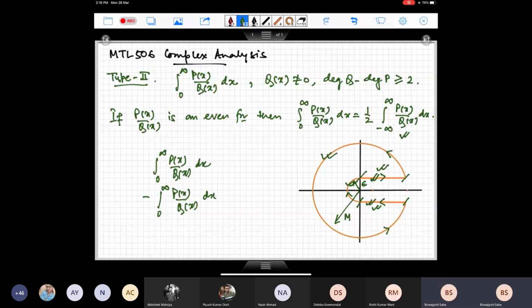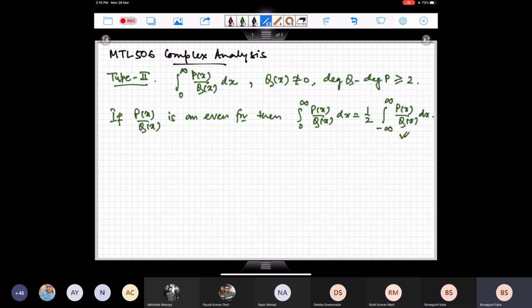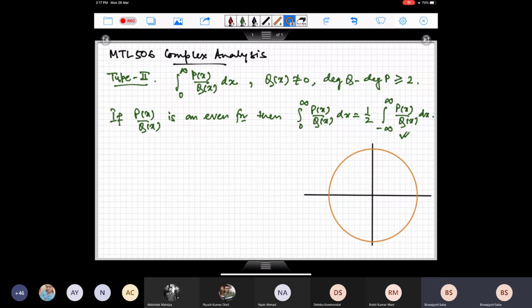Okay, so let me therefore modify this contour a little bit, and then do the proof. Okay, so let's see how I can modify this contour. Now of course I need to have this circular thing that's going to be there. I will also have a smaller circular thing that's also going to be there, but I also need this line segment.